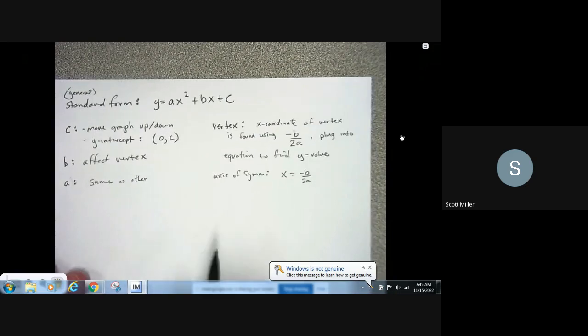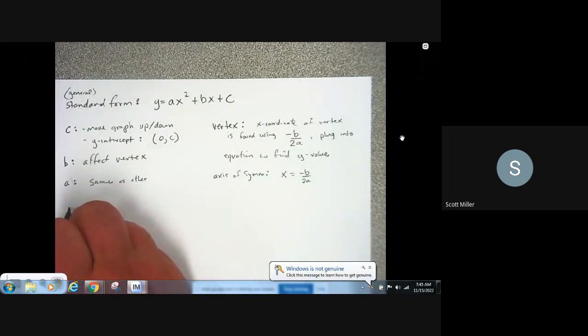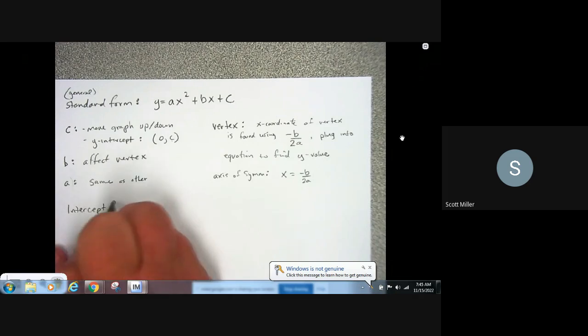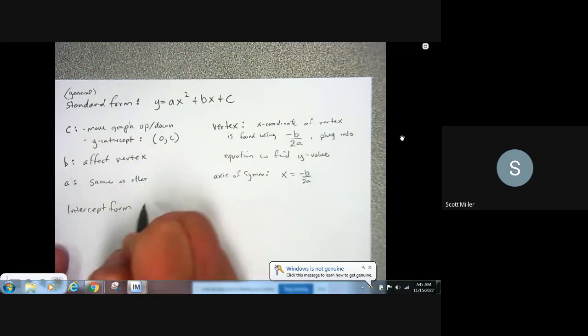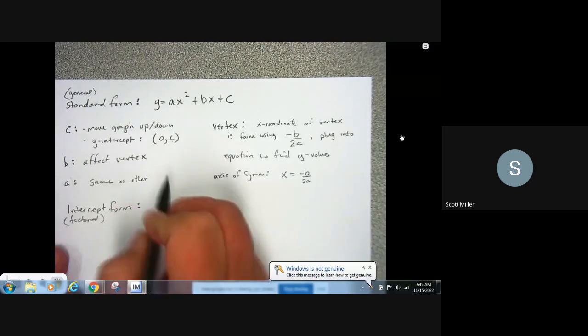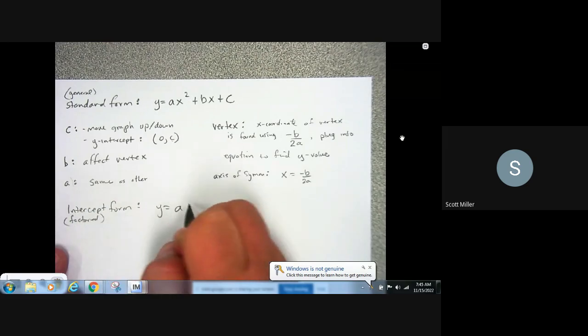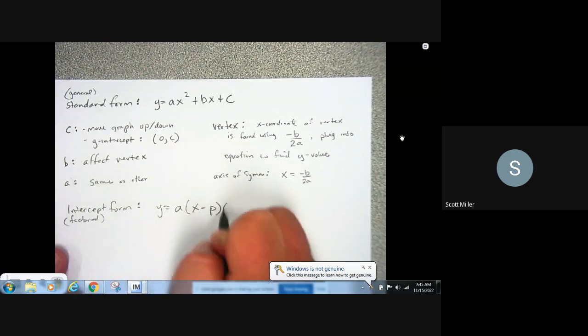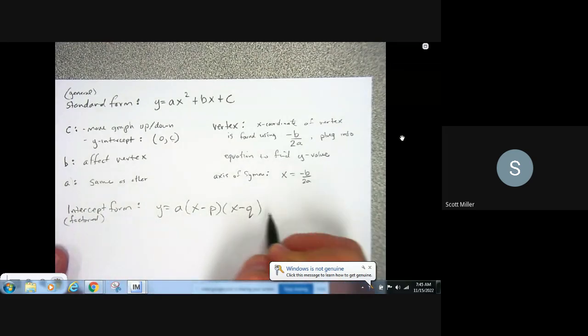But we have one more form to look at, and this one is called the intercept form. Okay? Also called the factored form. And it is y equals a(x minus p)(x minus q). Okay?